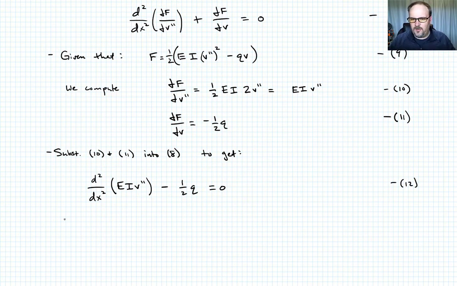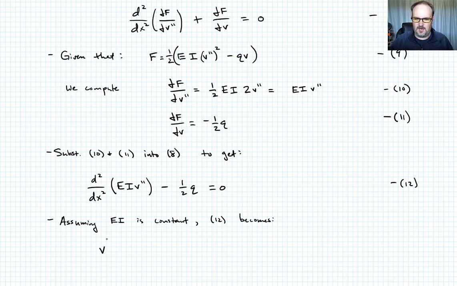If I wanted to go further on this, I would have to assume that, say, EI is constant, or I have to know their functions. So assuming that EI is constant, equation 12 becomes: two derivatives of V double prime gives me a V quadruple prime, which I'll write as V superscript 4 to tell you it's the fourth derivative. I'm going to divide by EI, and I'm left with this equals Q over 2EI. Let's call this equation 13.